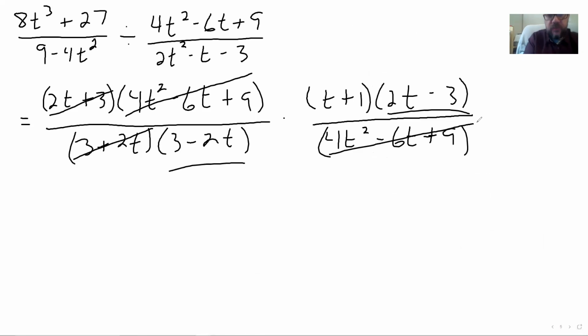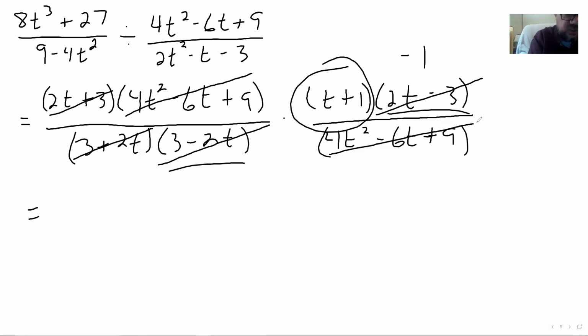I got 3 minus 2t and 2t minus 3, so they do cancel. I just end up with an extra negative. So it looks like everything canceled except for this guy, and that's not an exponent of negative 1 this time. So this is negative 1 times t plus 1, and I would probably write this as minus t minus 1.